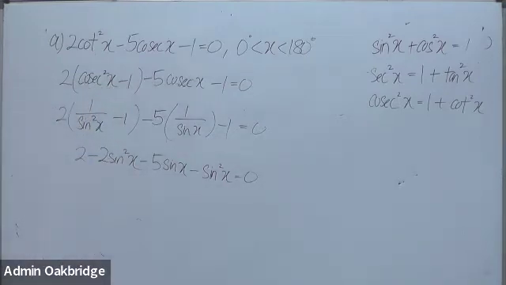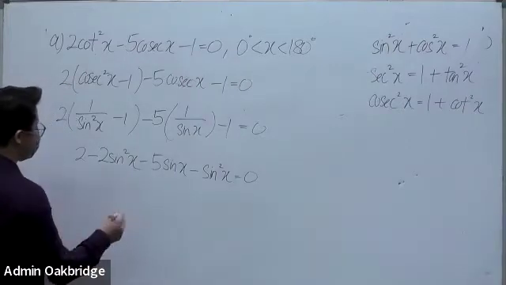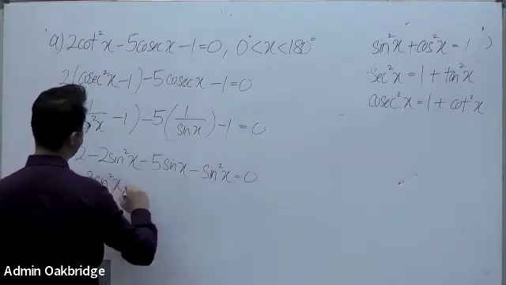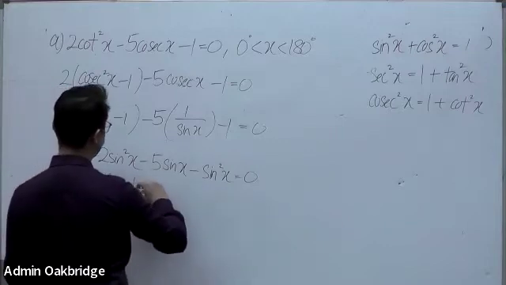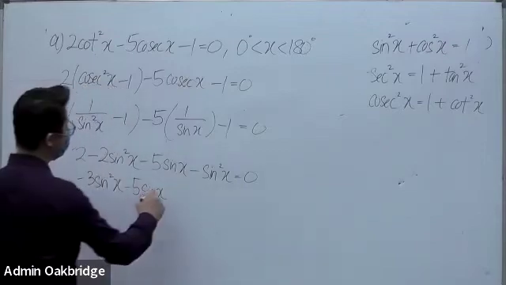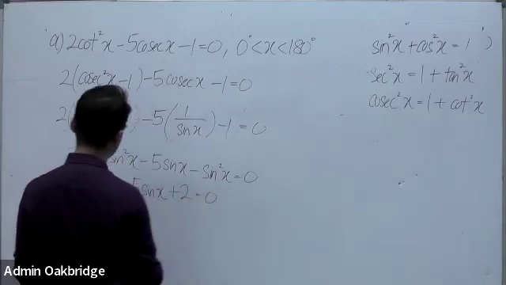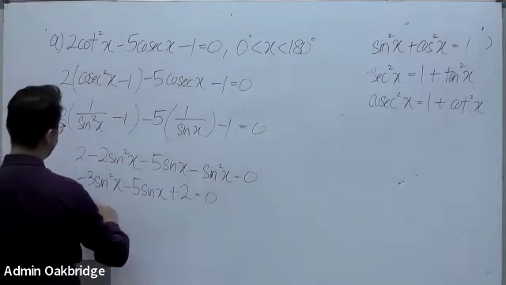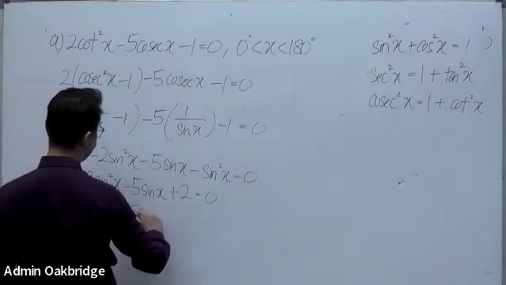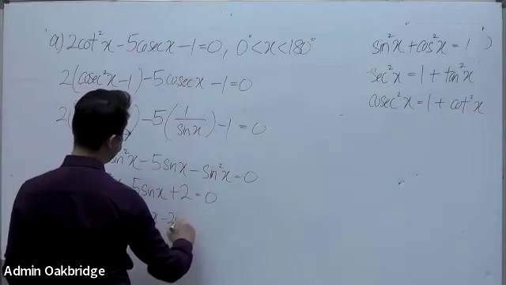Okay, so far so good. Now you have minus 3 sine square x, and then minus 5 sine x, and plus 2. And now you have 3 sine square x plus 5 sine x minus 2 equal to 0.